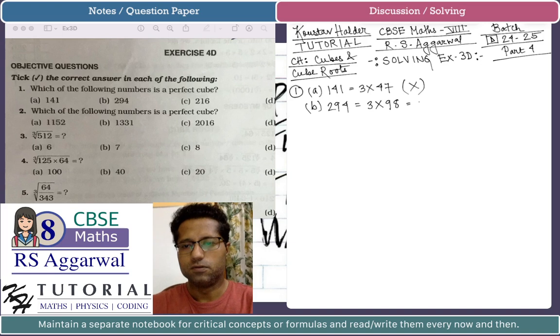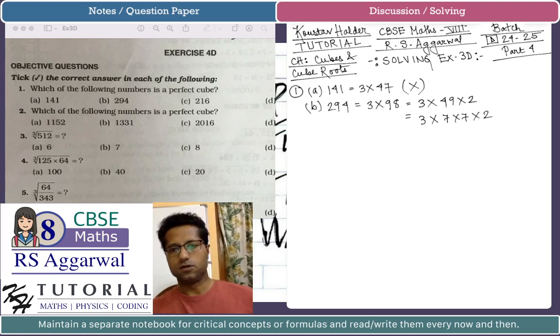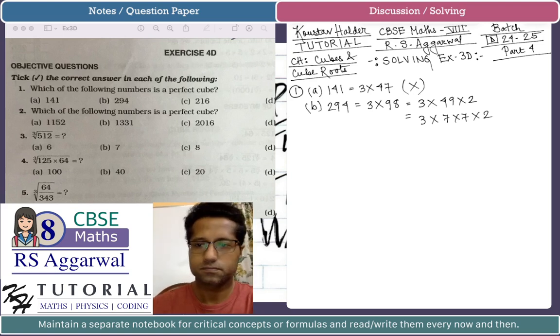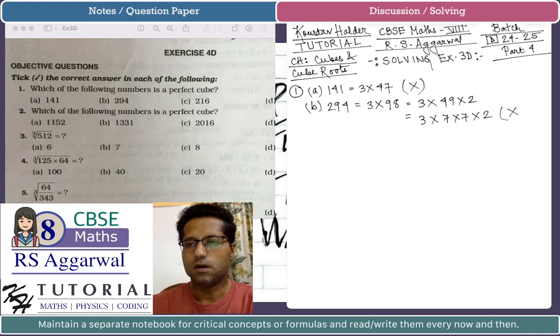This is equal to 3 multiplied by 49 multiplied by 2, and this is equal to 3 multiplied by 7 multiplied by 7 multiplied by 2. So this is also not a perfect cube because all the prime factors are not part of triplets.